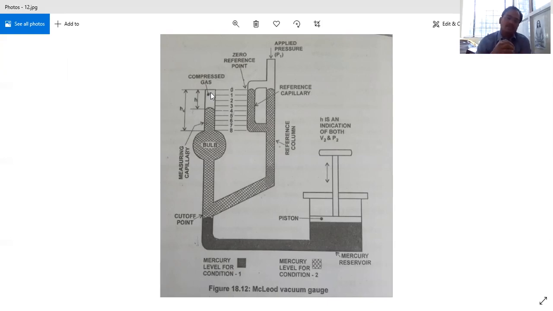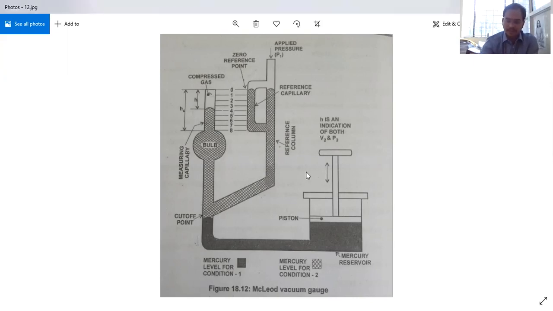Hysteresis means the effect of previous outputs: the output is influenced by the previous inputs, previous effects. Such a limitation is there for this McLeod vacuum gauge.